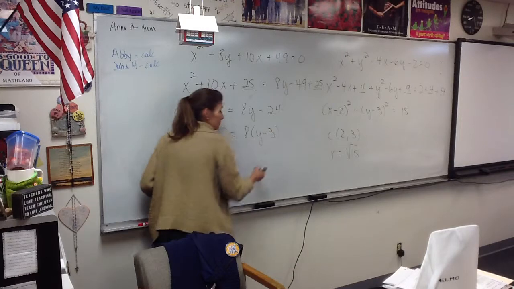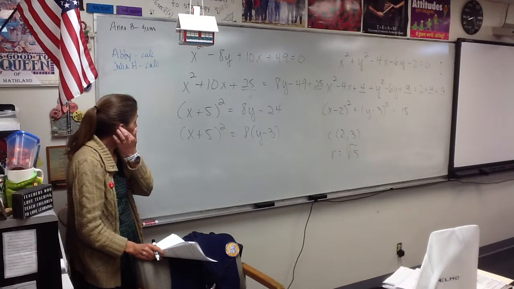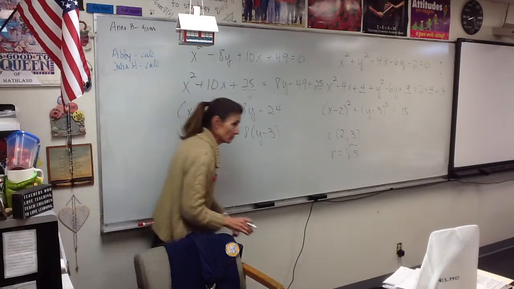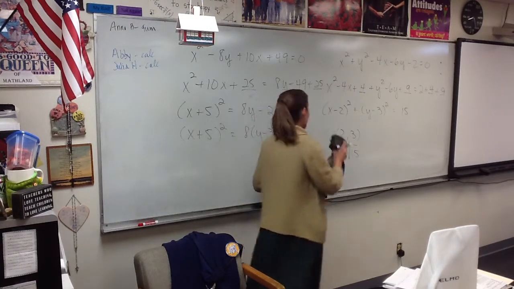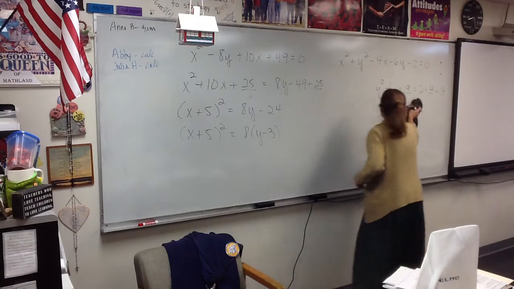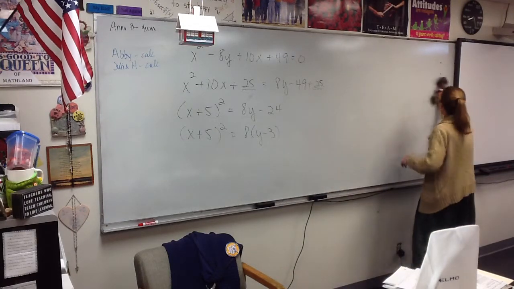Take out the h. Everybody good? All right. Where's my vertex? Negative 5, 3.